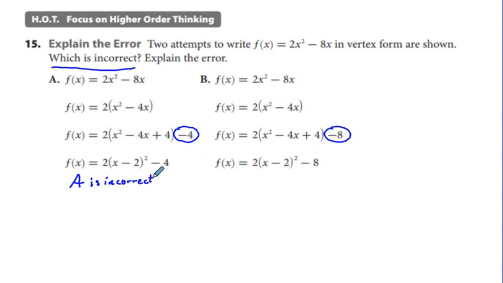And then we are asked to explain the error. Well, how we explain the error is A fails to account for 2 times 4 when completing the square.